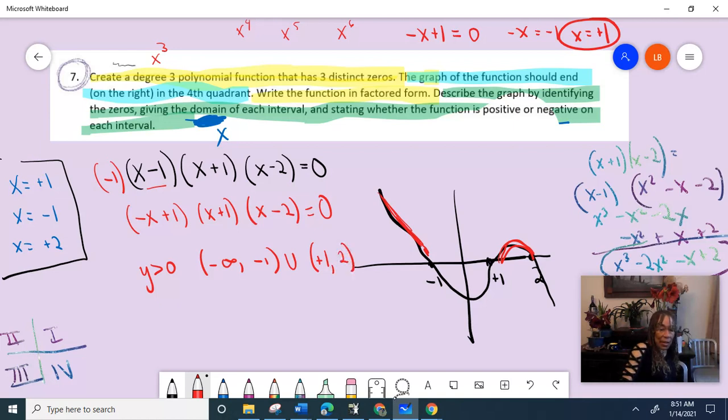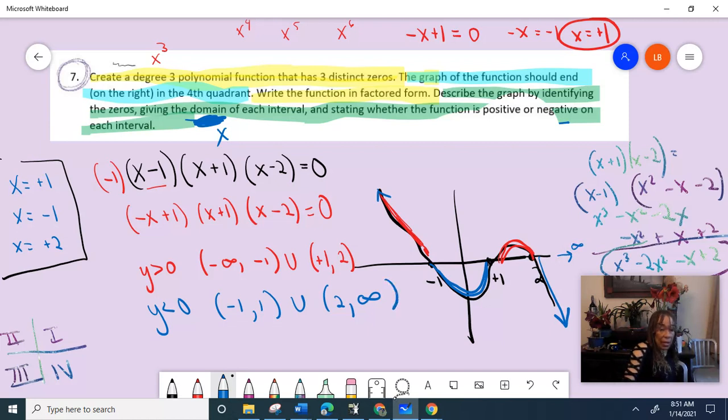And y is negative from here to here, and from there on. There should be an arrow there. So it's negative from -1 to 1, and from 2 to infinity. I wanted to say negative infinity because it's going down, but in the x direction, it's approaching infinity.